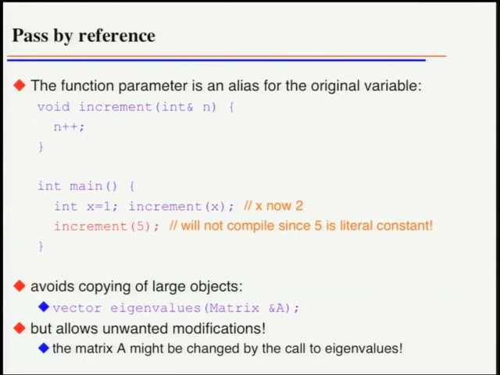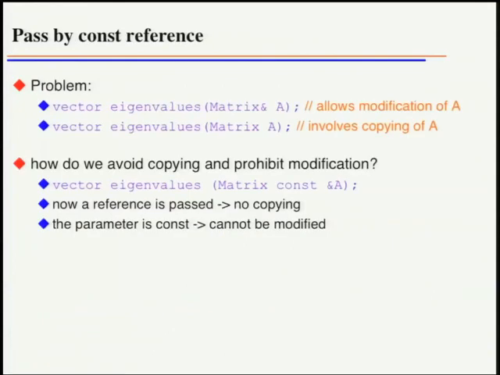That's rather uncomfortable. Therefore, there's the variant of passing by const reference, like this one, which says, I do not want to copy it, but the function is not allowed to change my variable A.